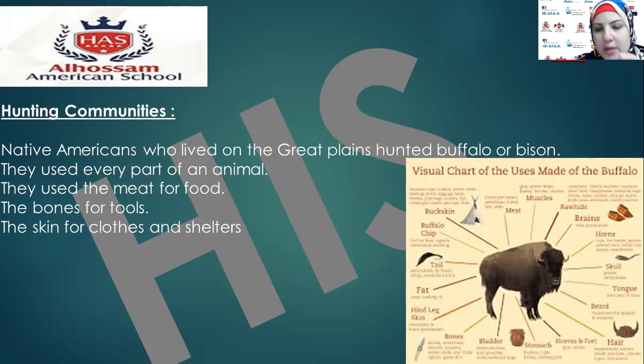The most important animal they used to hunt is the buffalo. They use every part of the buffalo.